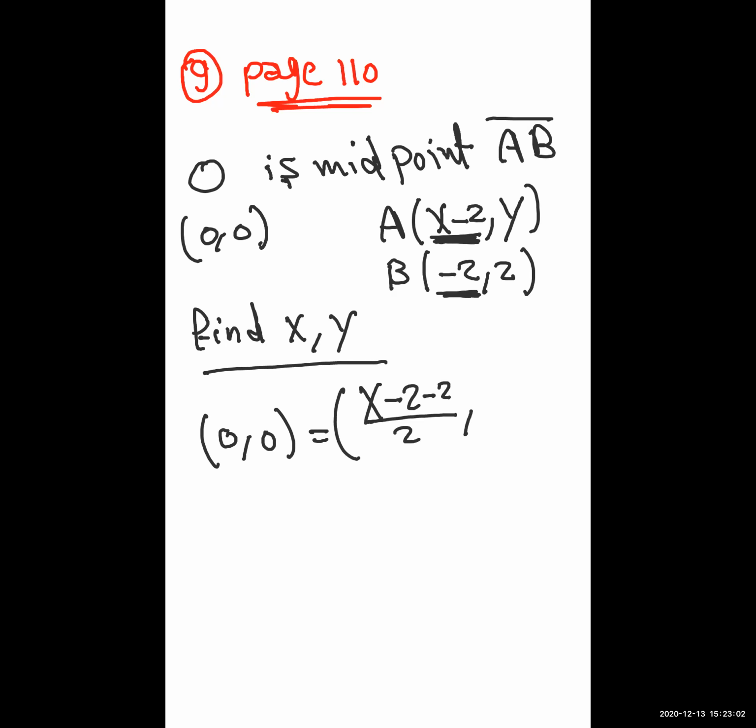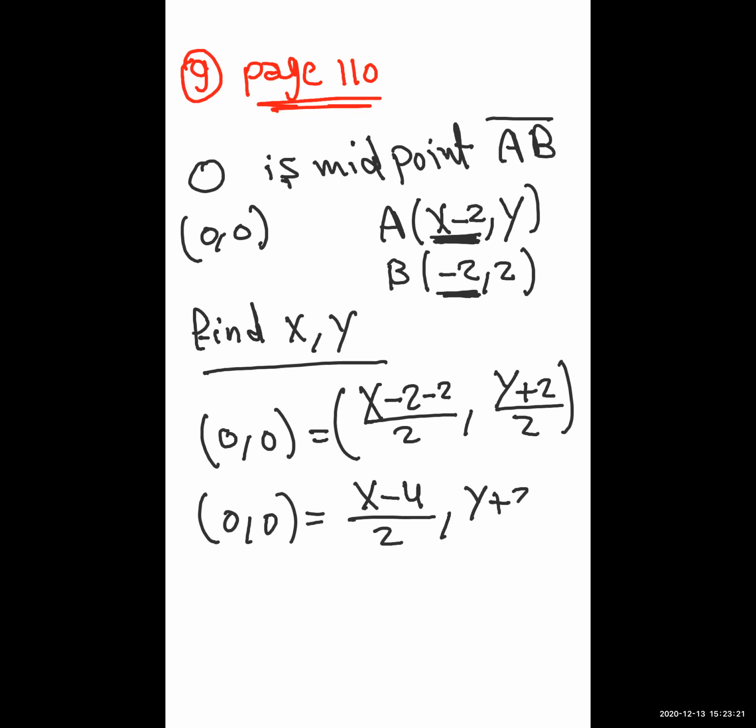And the second is y1 plus y2, which is y plus 2 over 2. So (0, 0) equals (x minus 4 over 2, y plus 2 over 2).